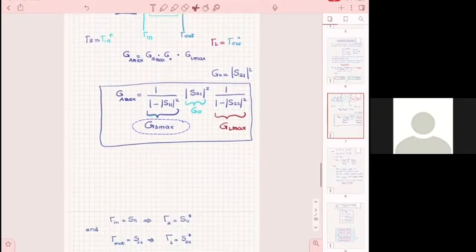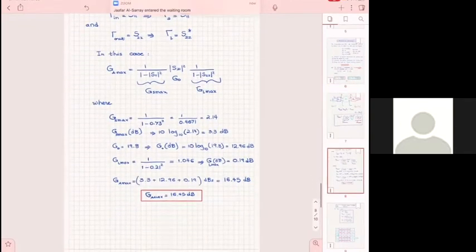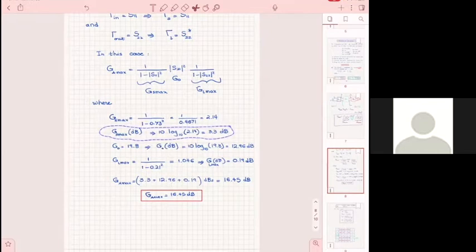All right, and from the calculations we found that GS maximum is 2.14 as a number and is 3.3 dBs if I change it from a number to dBs. That's how much comes from that matching network with the appropriate gamma S. Okay?